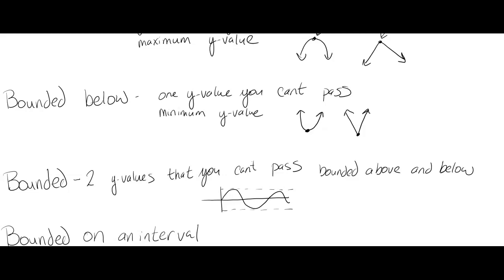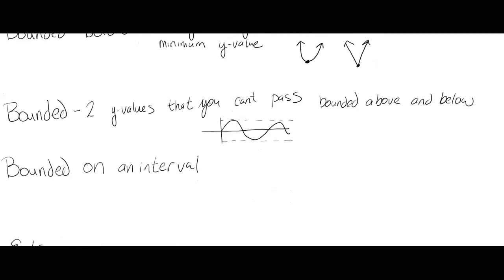Bounded on an interval is a heck of a lot less common. That just means that you have a restricted domain. And it'll tell you that if it's bounded on an interval, something like 0 < x ≤ 3.